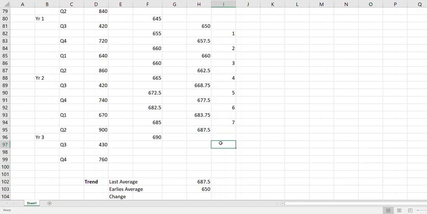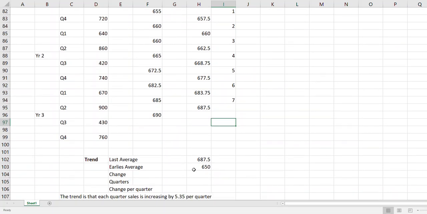In 7 quarters we have a total increase of 37.5. And in total, that happens over 7 quarters, so we have 5.3 increase on average every quarter.